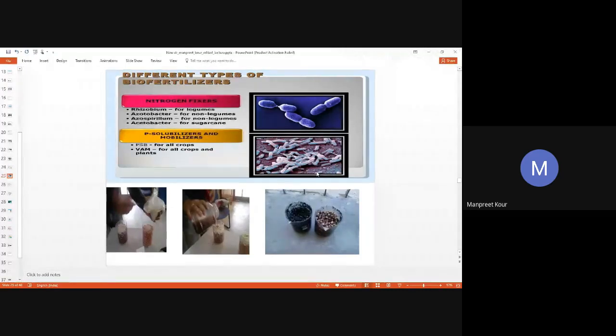When they get mixed properly, we have to keep it to dry under the shade, so that they get dry, and then we use these seeds. Now, the third slide is the use of trichoderma. We have also used trichoderma in this organic trial.